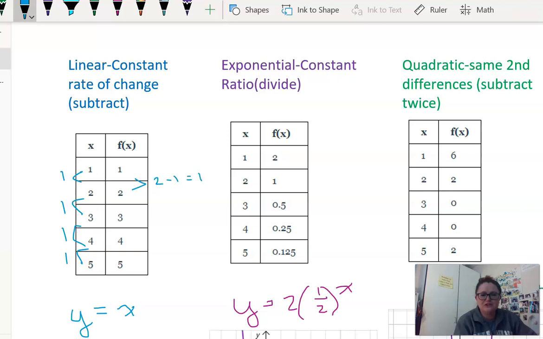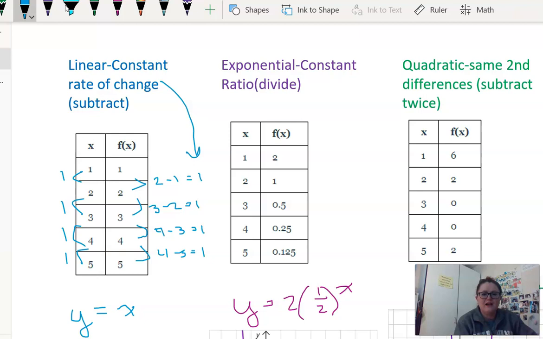And if it's linear, 3 minus 2, you should get the same number every single time you subtract. So you can see on this one, we subtract along and we get 1 each time. So we know this is linear.